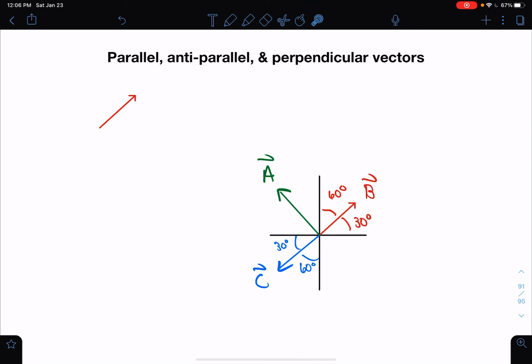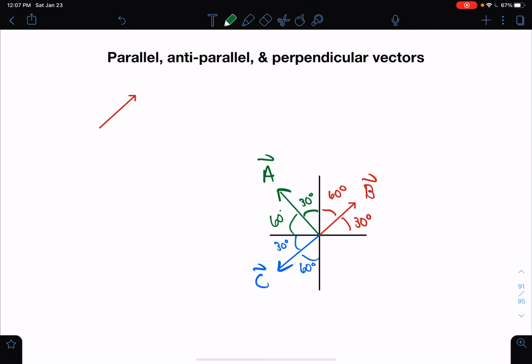Well, I already know the angle from B to the vertical is 60 degrees. So that tells me right there that this angle here has to be 30 degrees. 30 plus 60 is 90 degrees. Down here, I'm saying A and C are perpendicular, so the angle between them has to be 90 degrees. This angle is 30, so to get 90, this here has to be 60.